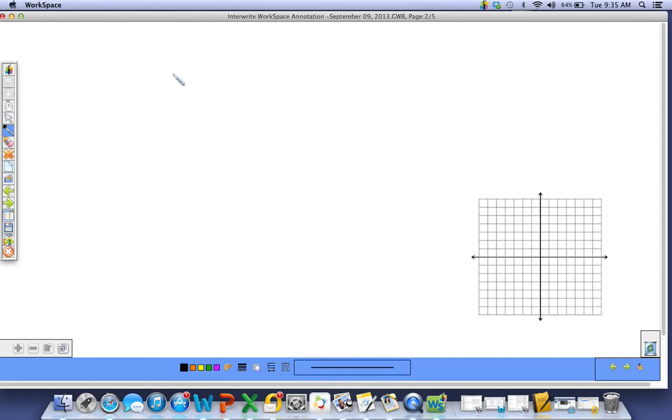So we have the function f of x equals the square root of negative x plus 5, minus 1. Now, we talked a little bit about this at the beginning, but what happens when that negative is inside of our function?